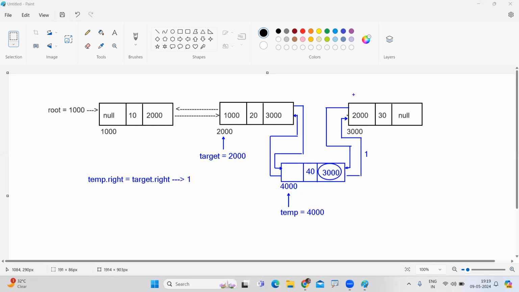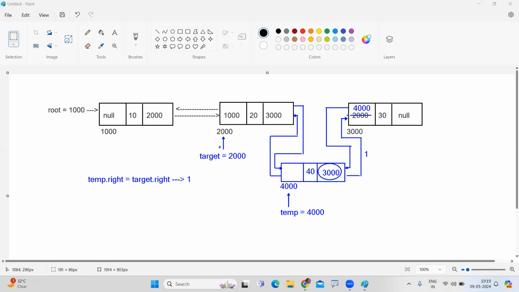Second connection, in place of this 2000, you have to place this 4000. This is also important. 4000 you need to place here. Sir, 4000 means? 4000 means temp. But where you have to place?